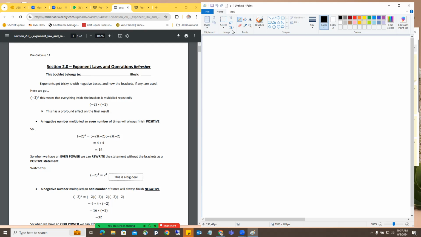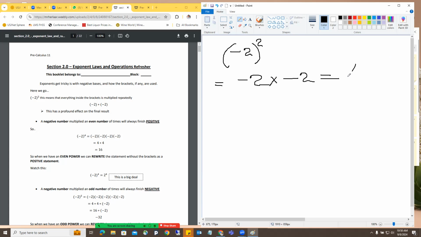Okay. So if I summarize this type of one, what we have here is minus 2 to the power of 2. What does this mean? Yeah, 4. It actually means minus 2 into minus 2. That's what we normally refer to.